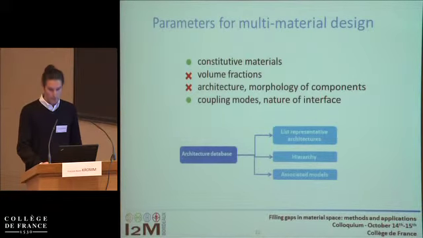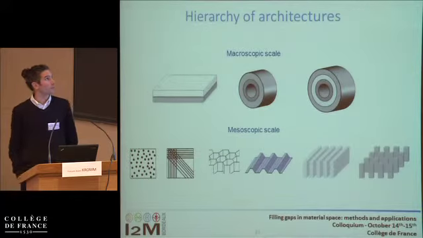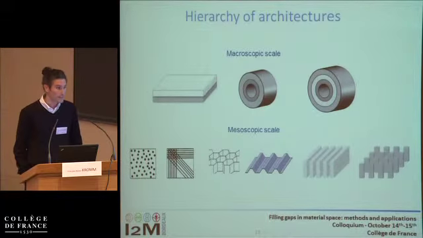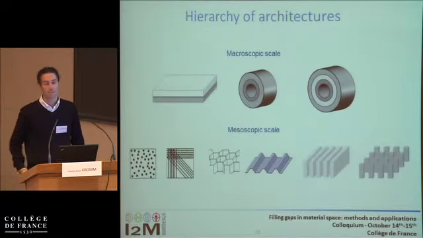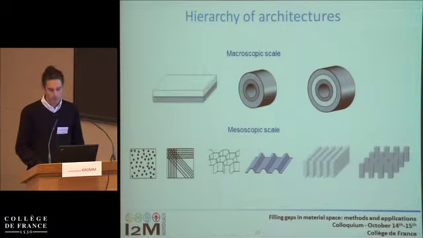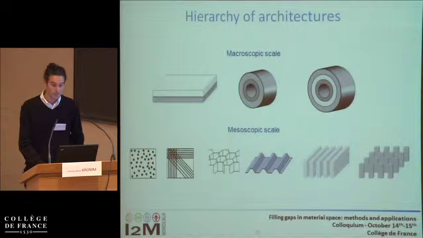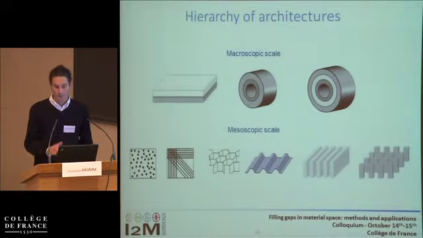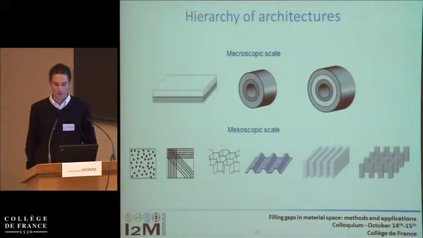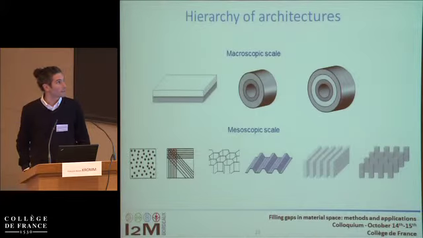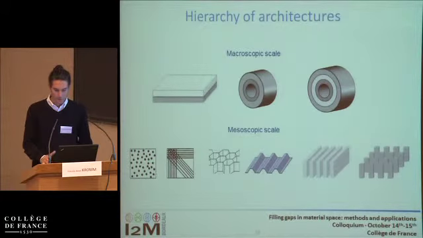We have to make a hierarchy, as we saw before, as a function of the different scales where the architecture is applied. So we will have macroscopic scales, for example, in our case, a multi-layer material, either axisymmetric or not, and then mesoscopic scale with a particular fibrous, honeycomb or fins, for example, to fill these different layers.